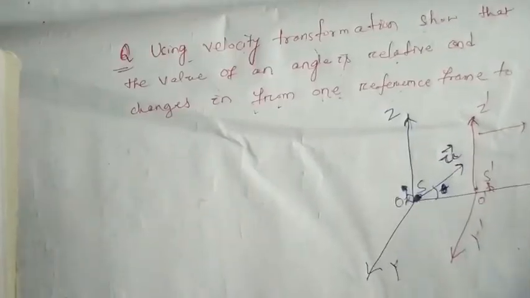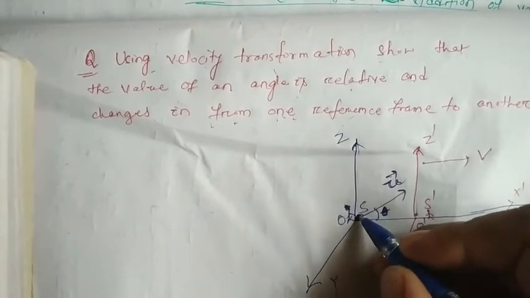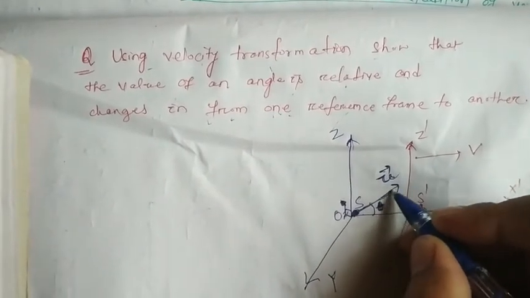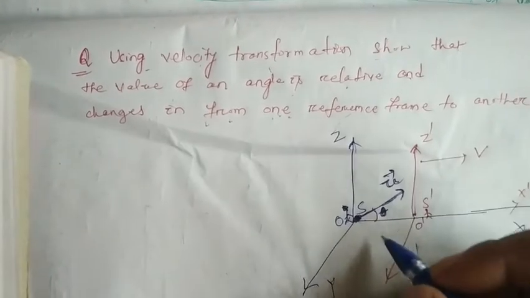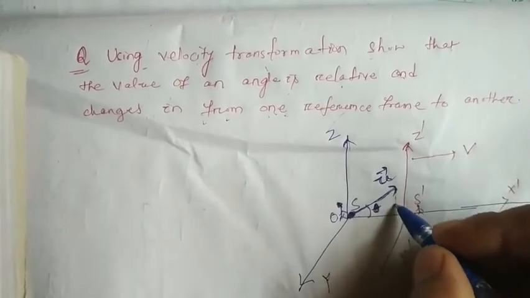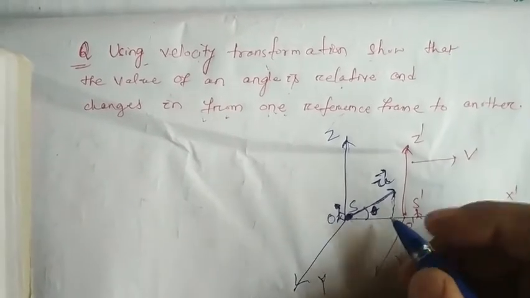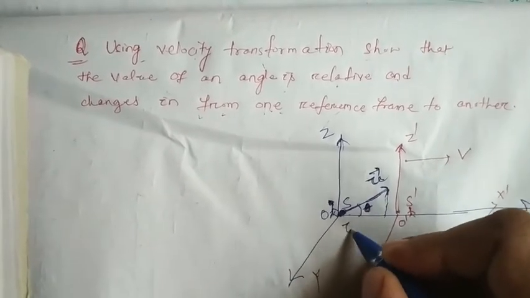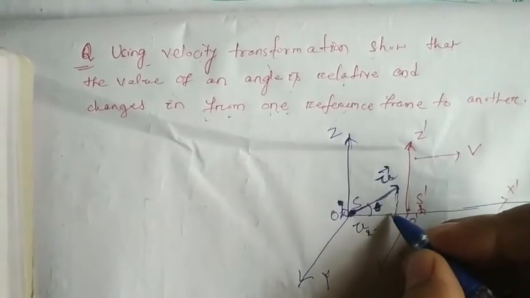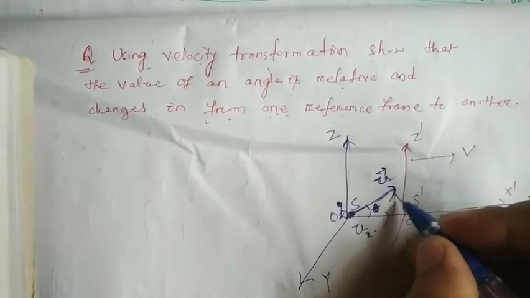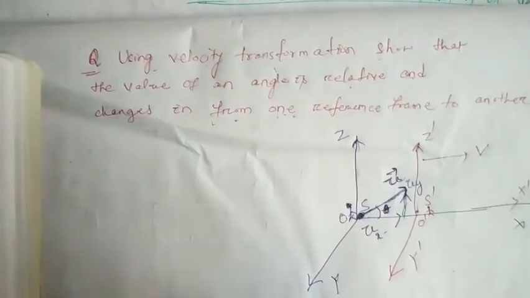So here we can write that if this is the velocity of a particle u, and this is the angle with respect to the x-axis, then this velocity has two components. This will be your ux component, and this vertical will be the uy component, right?